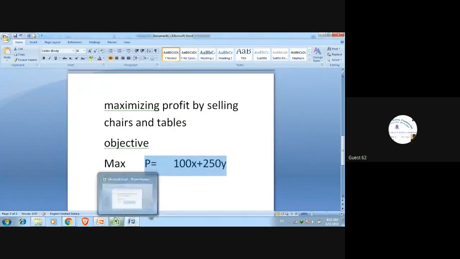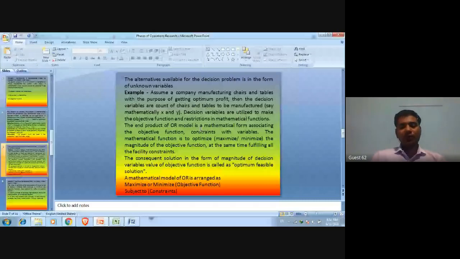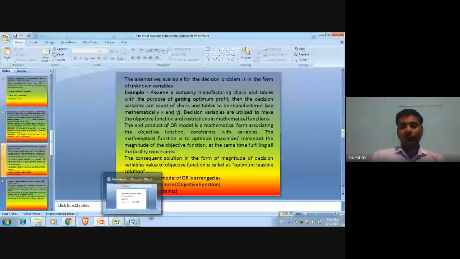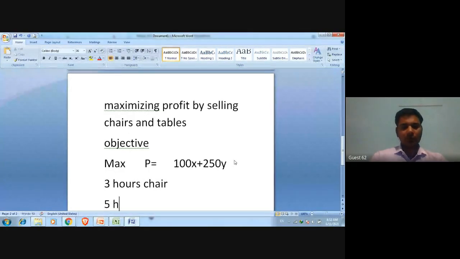Now, if there are some restrictions, suppose that you have to use 3 hours for chair and 5 hours for table, but you can use 15 hours maximum.